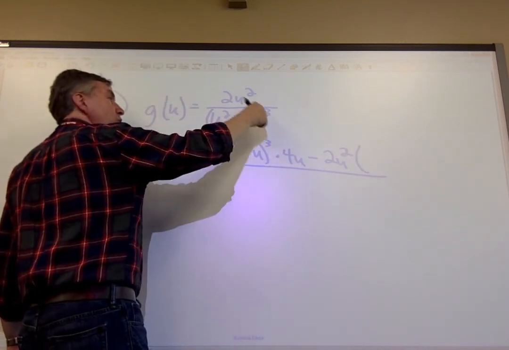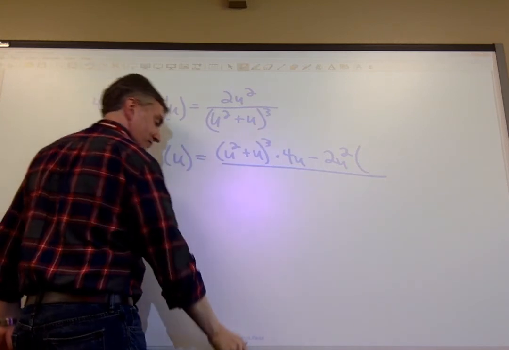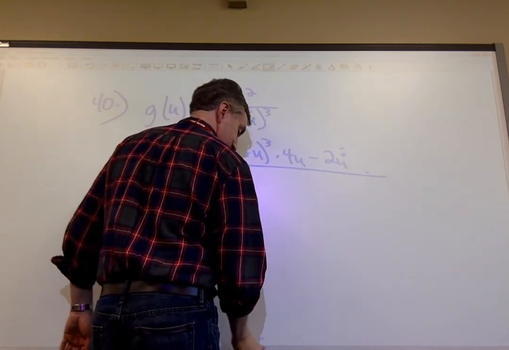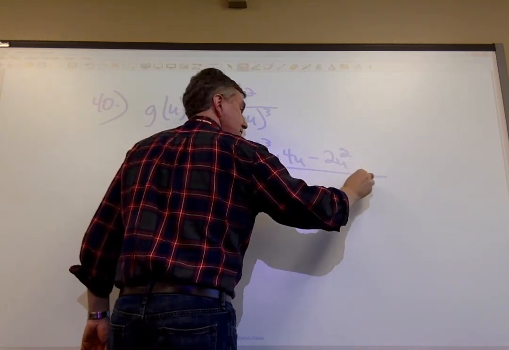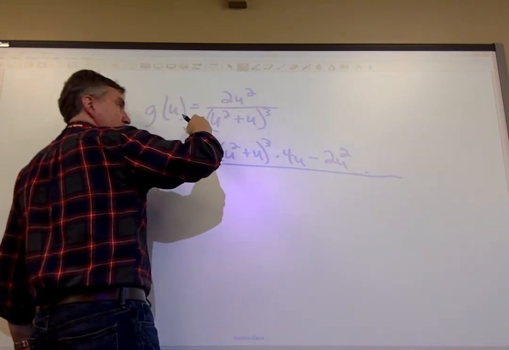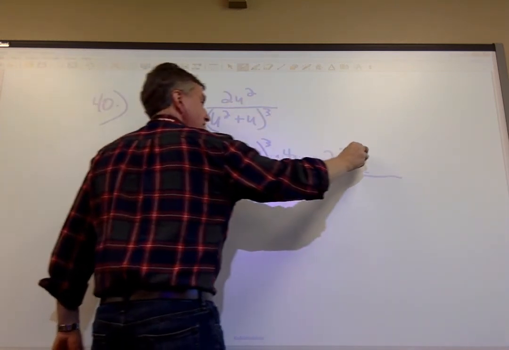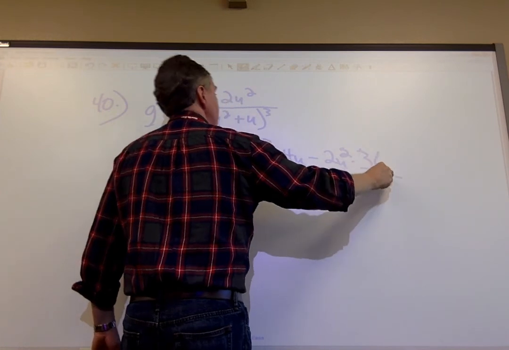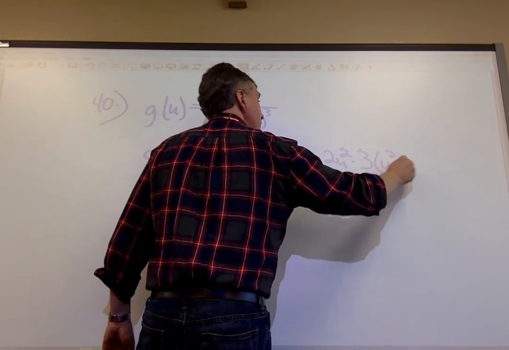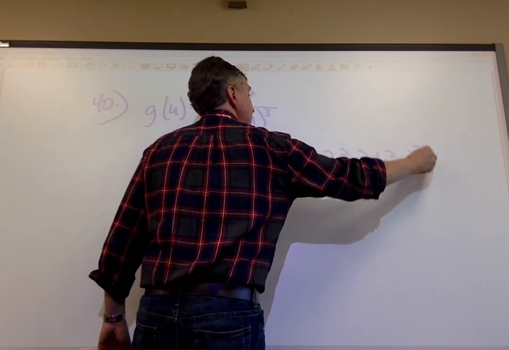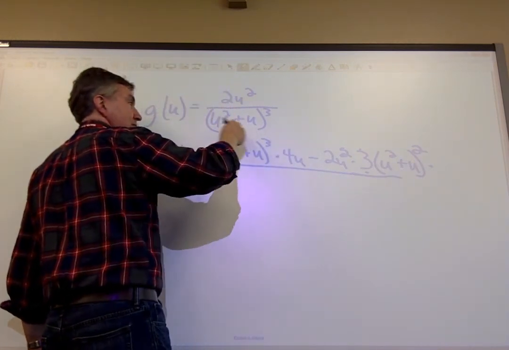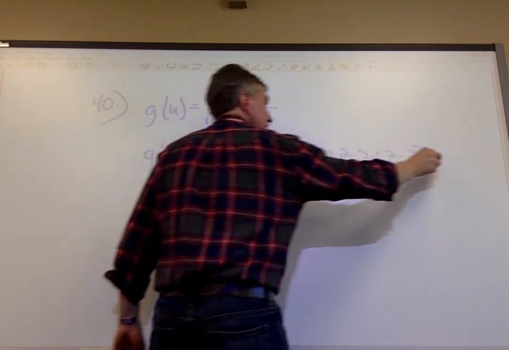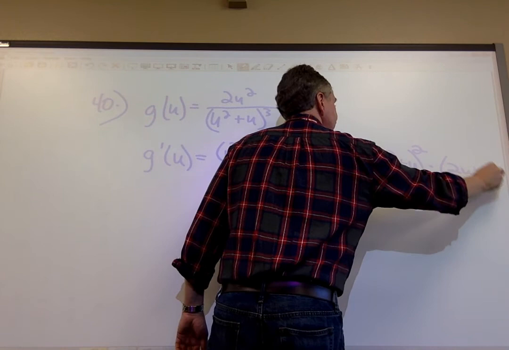Now, here's where we go. What's derivative of denominator? 3. That thing to the 3. Second. Yes. 3 u squared plus u squared times what? 2u plus 1.